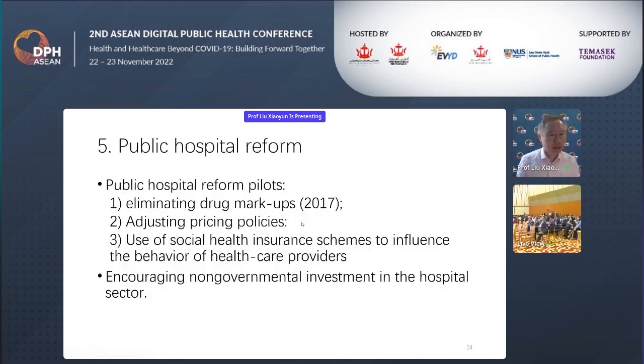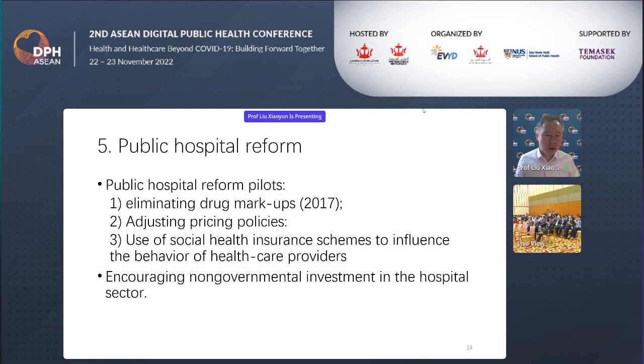Finally, is the public hospital reform. This is the most difficult part of the reform. In the public hospital reform, again we started with the elimination of the drug markup policy. This zero markup policy started in primary care and expanded to the public hospitals in the year 2017.